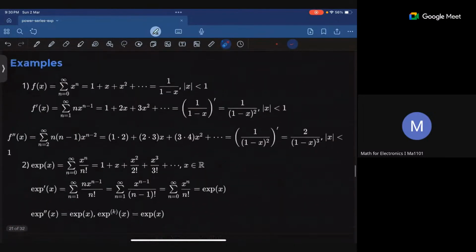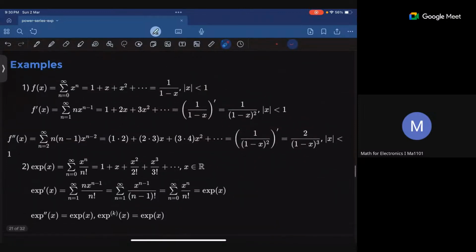So here are the examples again. So the same example, you see 1 plus x plus x square and so on is 1 by 1 minus x, we know, when mod x is less than 1. And if you take the derivative on the left hand side, 1 will become 0, x will become 1, x square will become 2x, x cube will become 3x square, and so on.